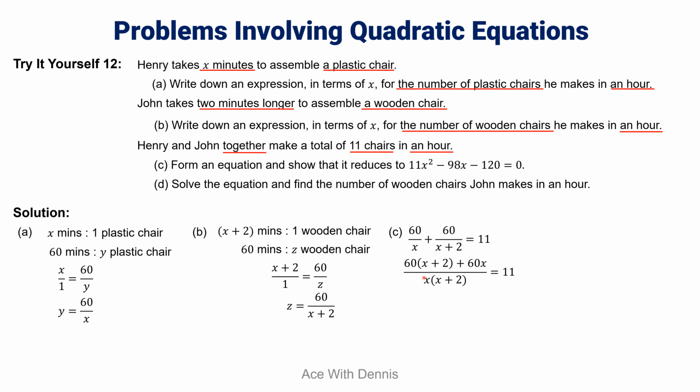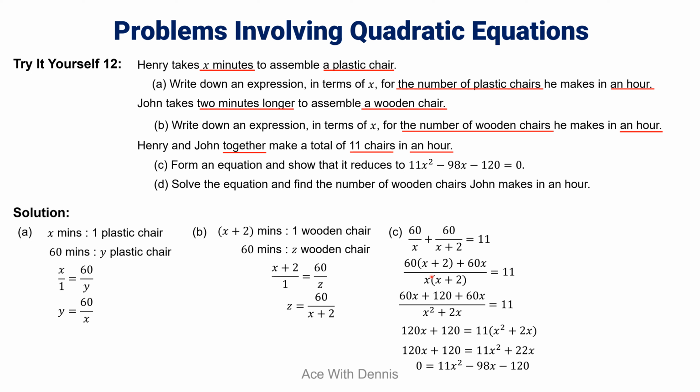So we have 60 times x plus 2, plus 60x, over x times x plus 2, equals 11. Expand the bracket: 60x plus 120 plus 60x over x squared plus 2x equals 11. Move the denominator to the right side and simplify the numerator. We have 120x plus 120 equals 11 times x squared plus 2x.